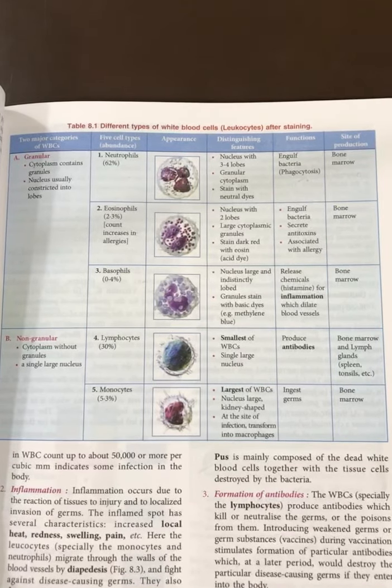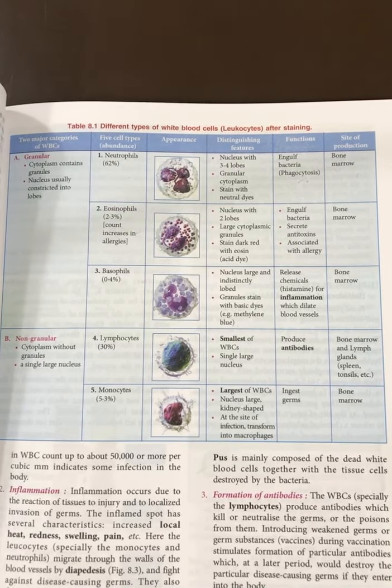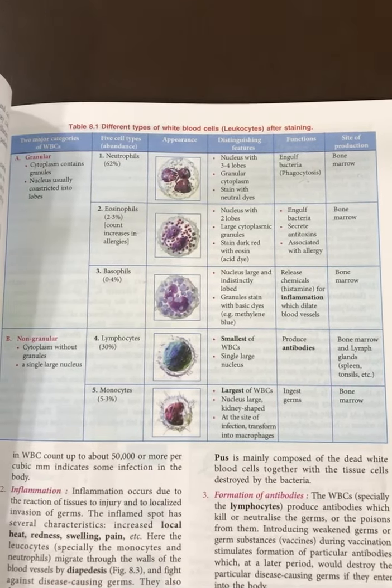Then the second type of the white blood cells, that is agranulocytes, are of two types, lymphocytes and monocytes. Lymphocytes are about 30% of the white blood cells, and they are the smallest of the WBCs. So sometimes you can be asked in one word, name a white blood cell which is smallest in size, and that is lymphocyte.